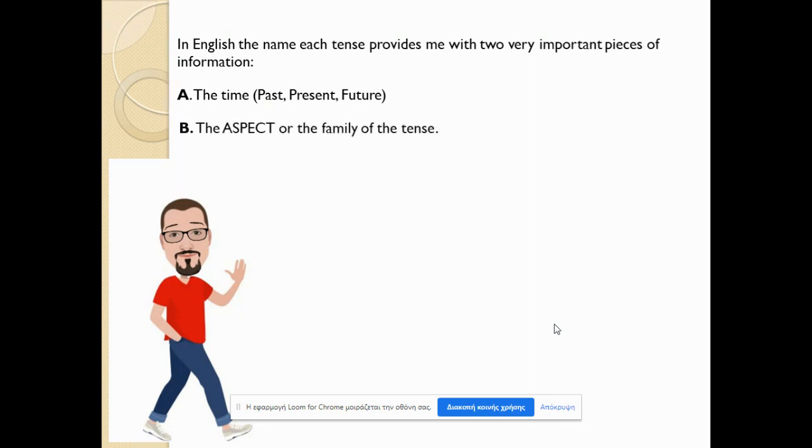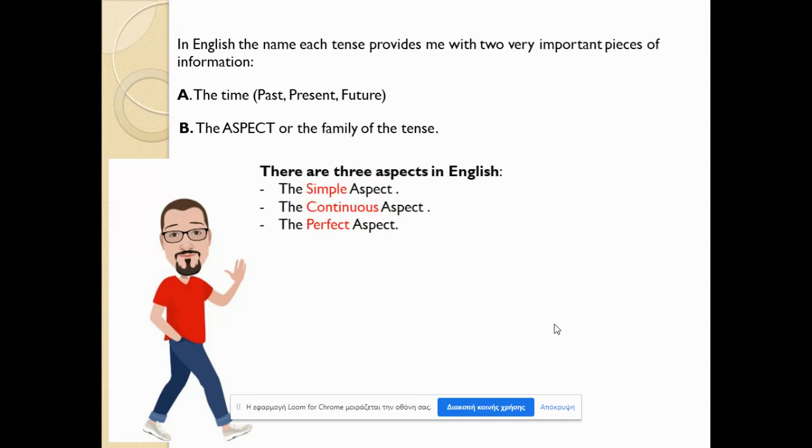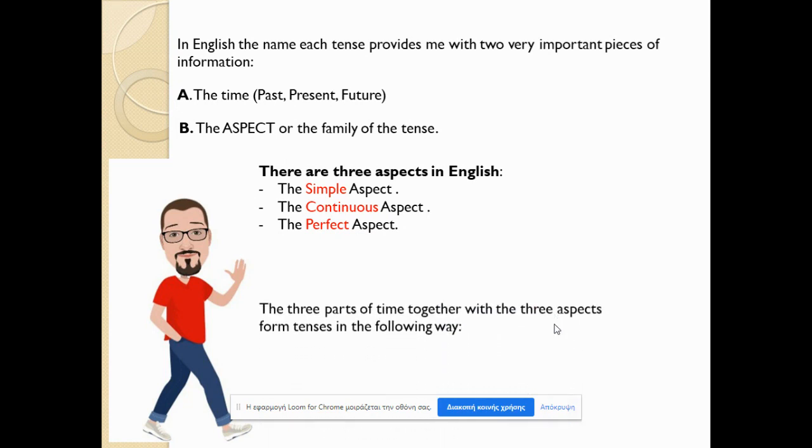And the second name states the aspect, or the family of the tense. But what is that? There are three aspects in English: the simple aspect, the continuous aspect, and the perfect aspect. Remember, past perfect, for example, present perfect, future perfect: time, aspect, right?